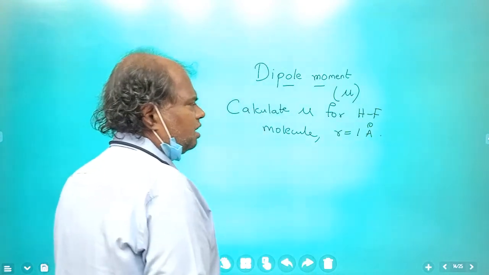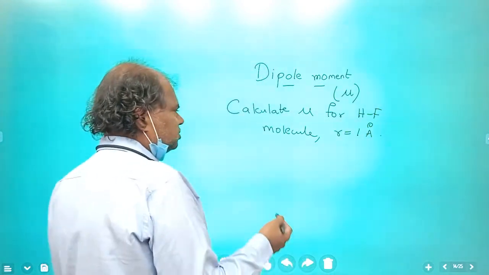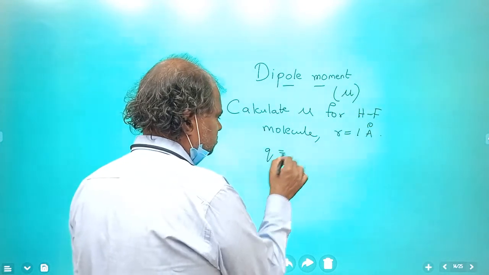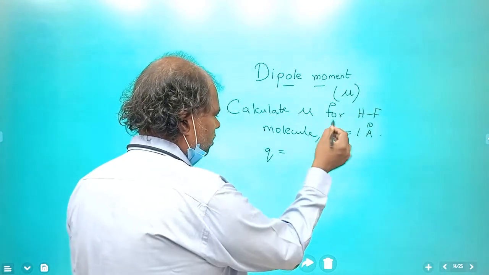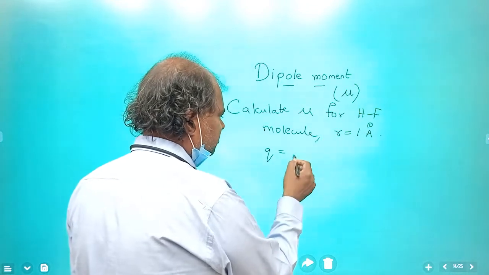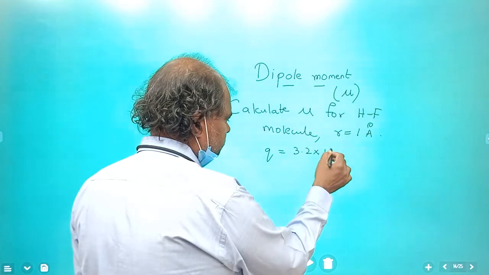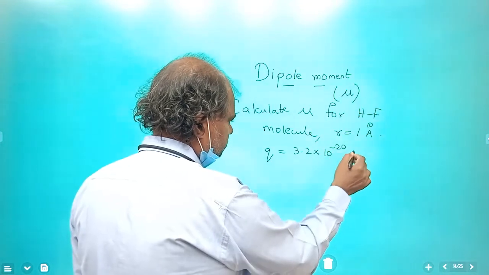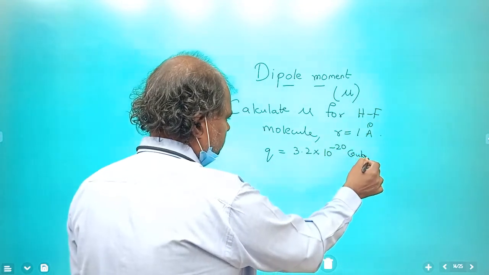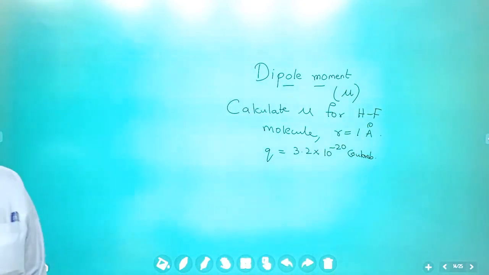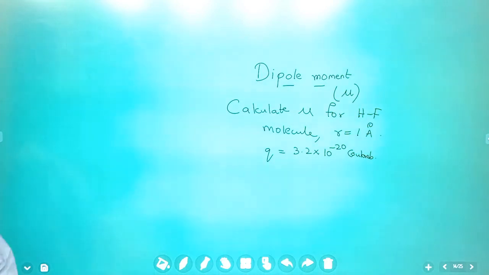And the charge Q is 3.2 into 10 to the power minus 20 coulombs.